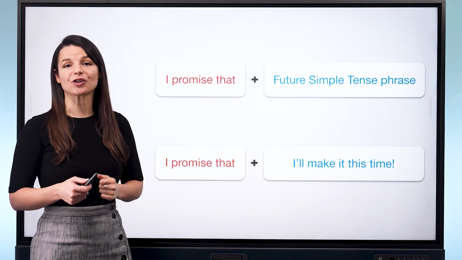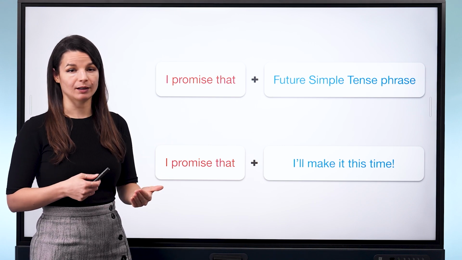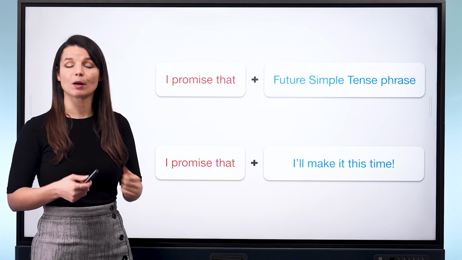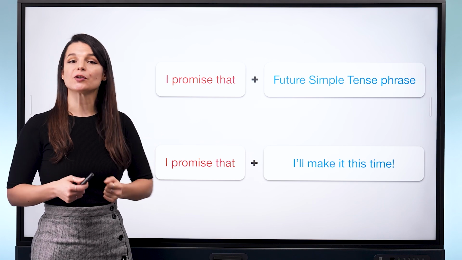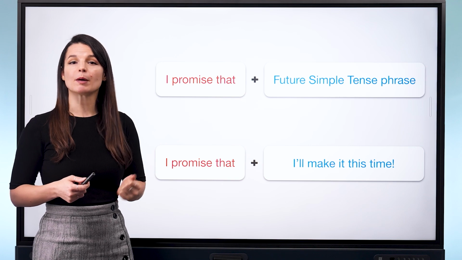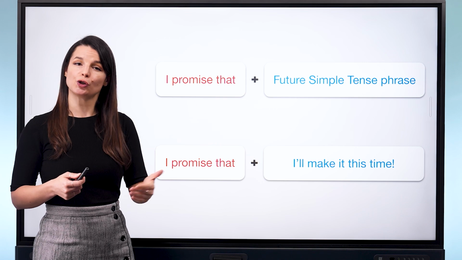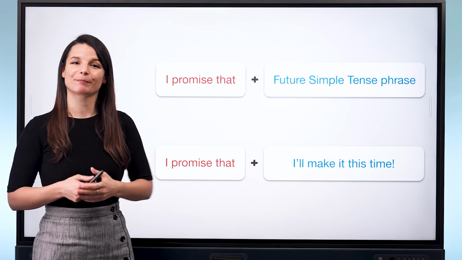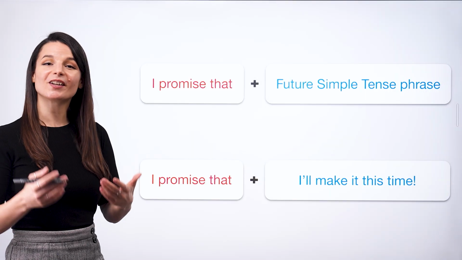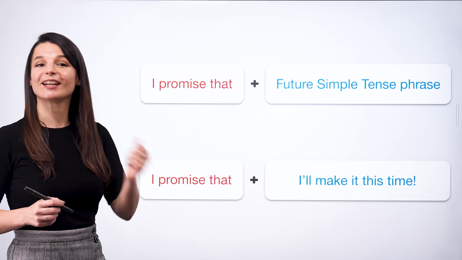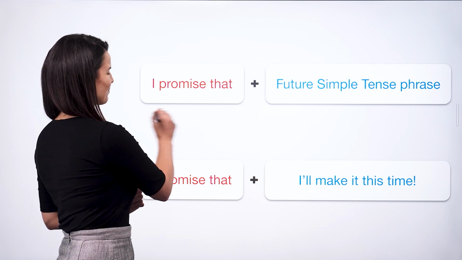I'll is a contraction of I and will. The will is necessary for the future simple tense verb, will make. Future simple tense verbs are formed by putting will before a bare infinitive, like run, do, or in this case, make. You can also make promises using the pattern I promise plus an infinitive phrase.